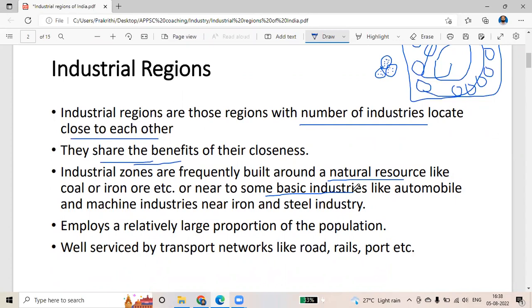Another characteristic is that most of the population proportion are employees, employees and their families. These people will dominate the population residing in the industrial regions, who are working in these multiple industries. Another characteristic is that this region is well served by a transportation network.